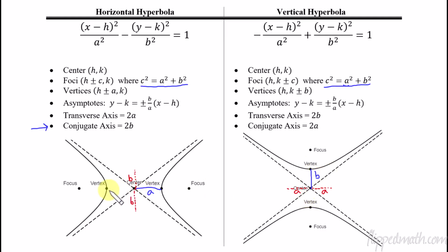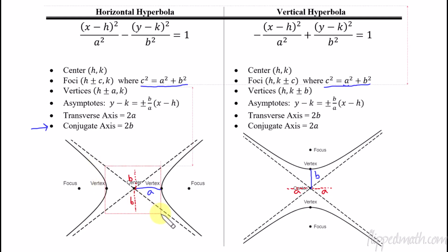Again, I'm not too stressed about what the variables are. I just know if I'm using the transverse axis, it's transversing the vertices. This one would be left and right, so it's the number underneath the x. Up and down here, it would be the number underneath the y. So I've got to use the other one to do the conjugate. All right, now what does that give us? That helps us create an imaginary little rectangle. So watch this.